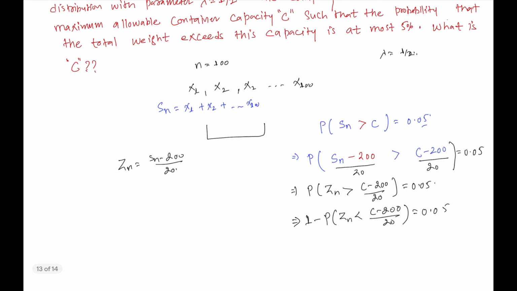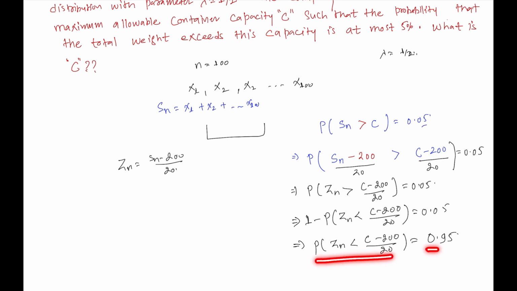So the probability that this random variable is less than this quantity is equal to 1 minus 0.05, that is 0.95. Here again we are treating this random variable, using the central limit theorem, as a normal random variable.